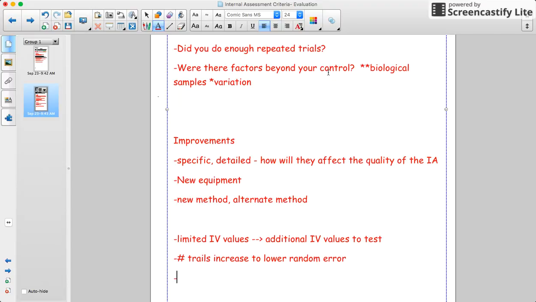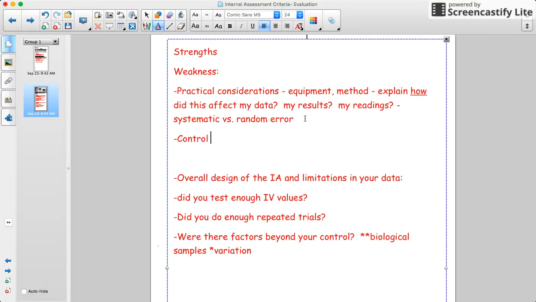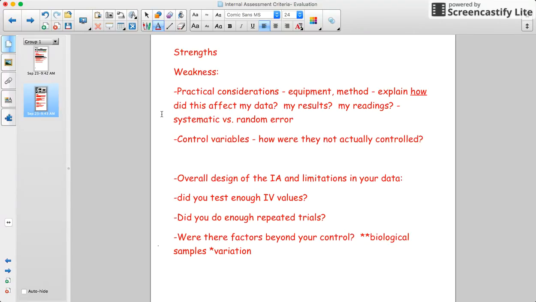And variation stuff may be beyond your control, but you can try to limit variation. In terms of where do you look for weaknesses, a good place to look is your control variables. It's always important to think about how were they not actually controlled. And with that, you've written an evaluation. The important thing is lots of good thoughts and details and thoroughness.